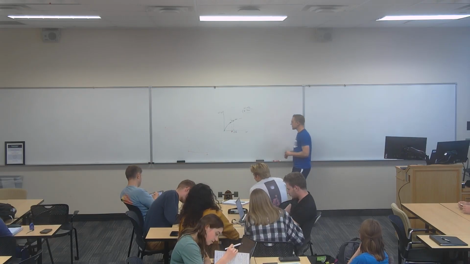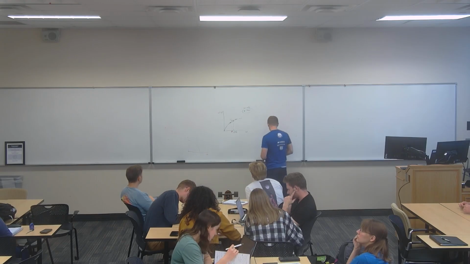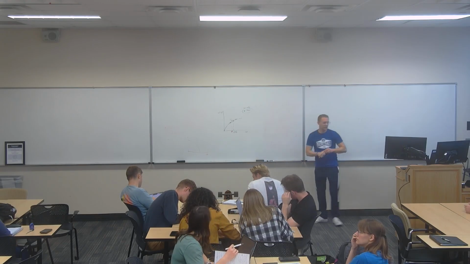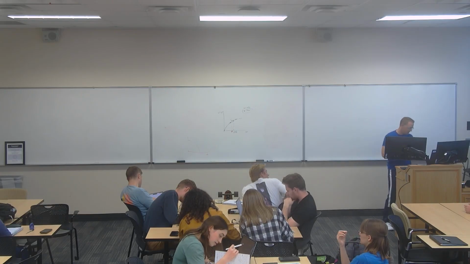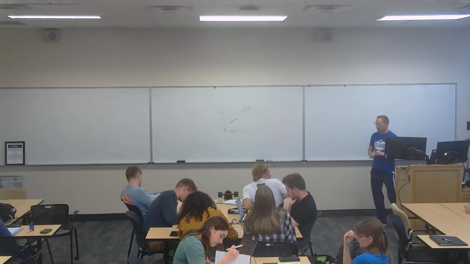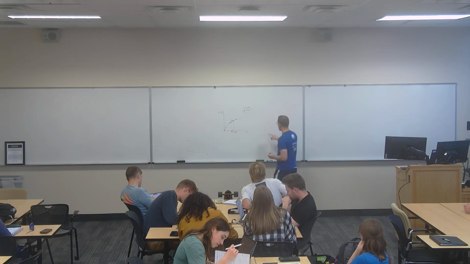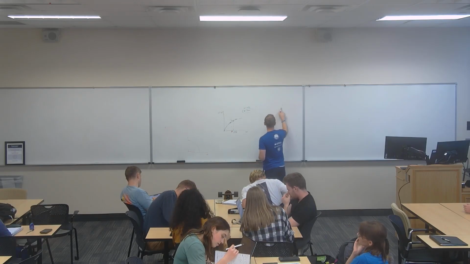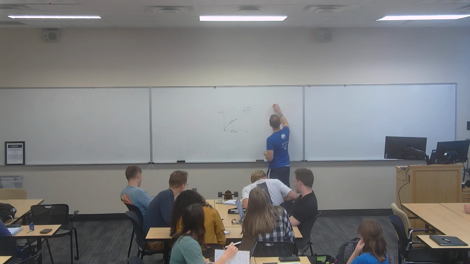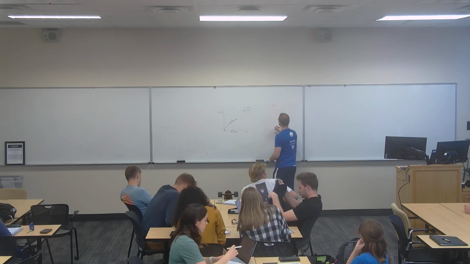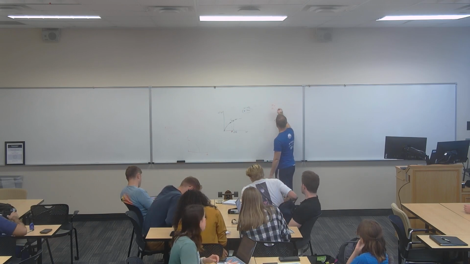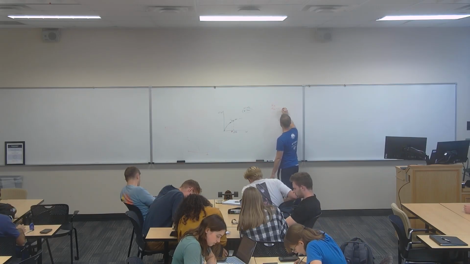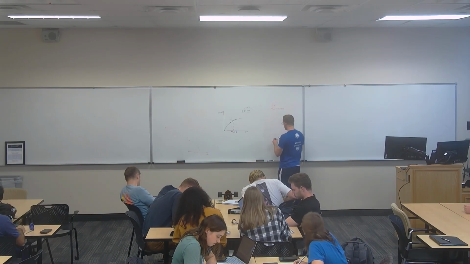Okay, so let's talk about insurance and how insurance plays a role in this. So from an insurance company standpoint, let's say there's someone that has a probability of having an accident, and they have some probability of no accident, which is the same thing as 1 minus the probability of having an accident.